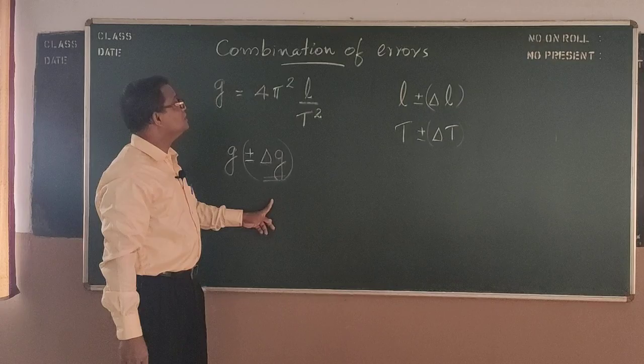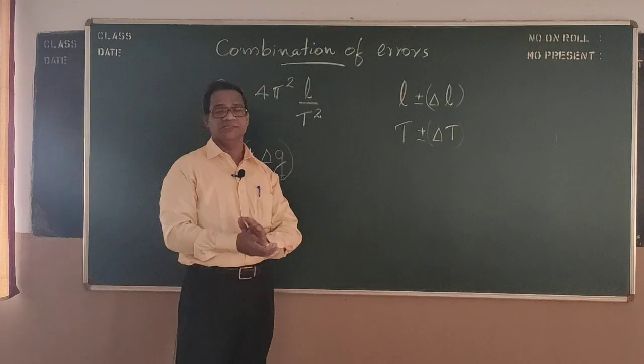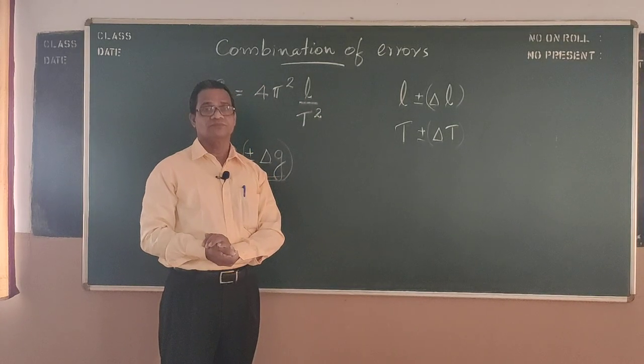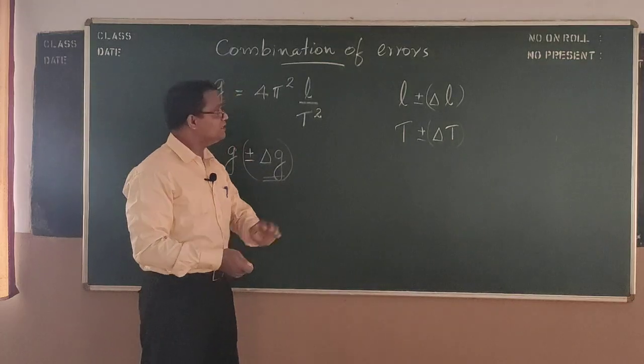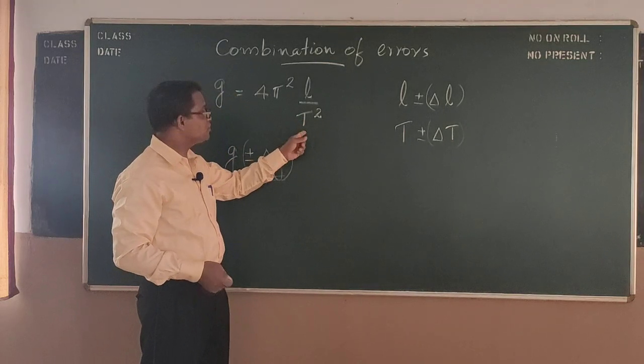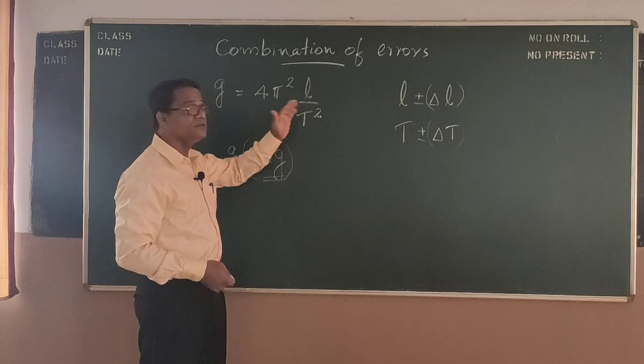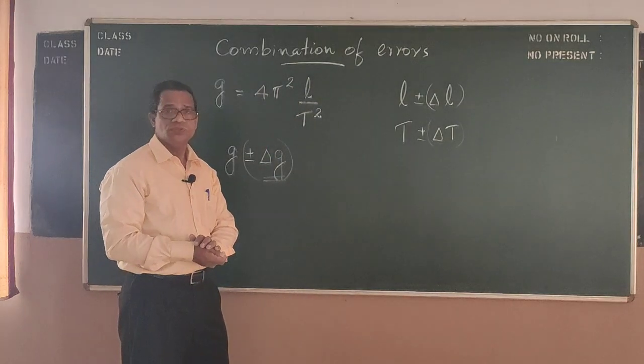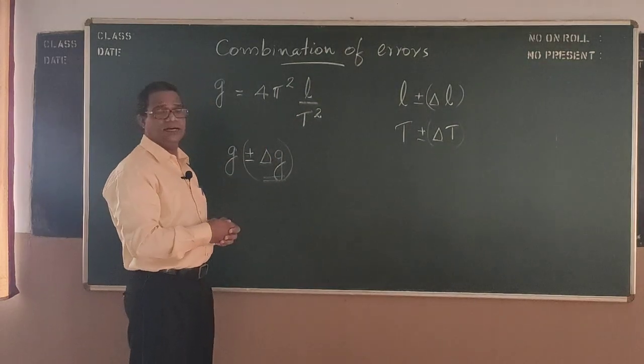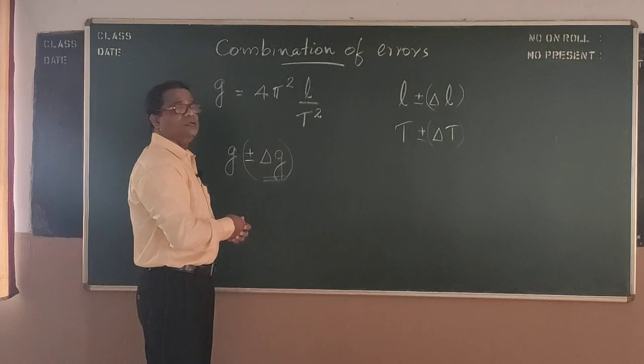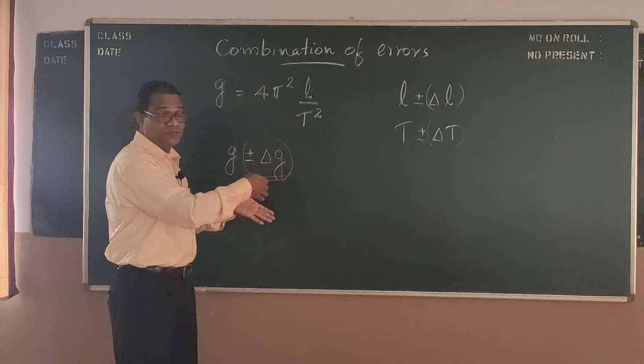This is what is meant by combination of errors. So here we are getting a multiplication process and a division like that. This is just to introduce what is meant by combination of errors.